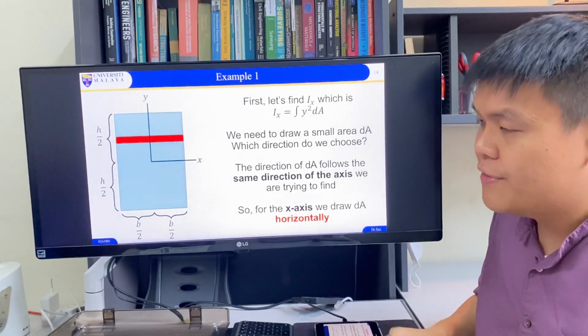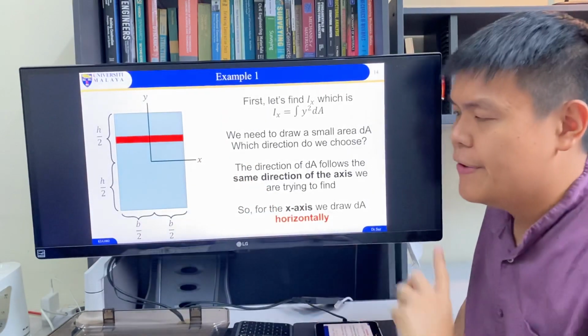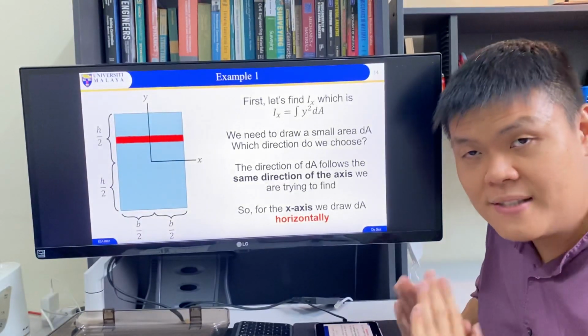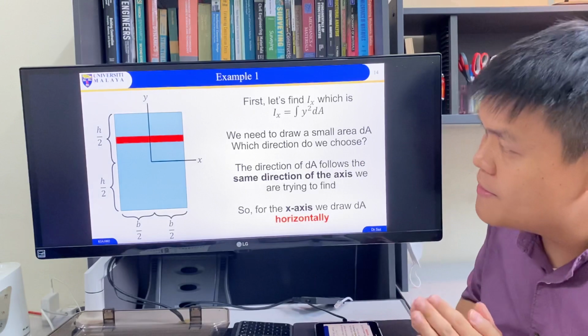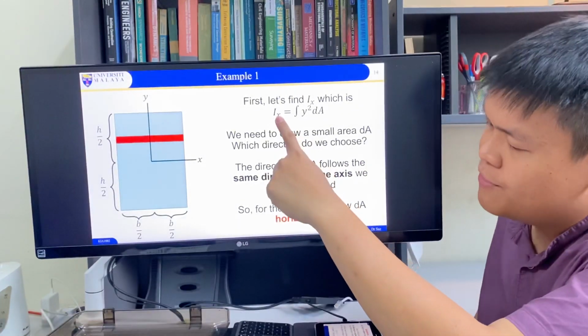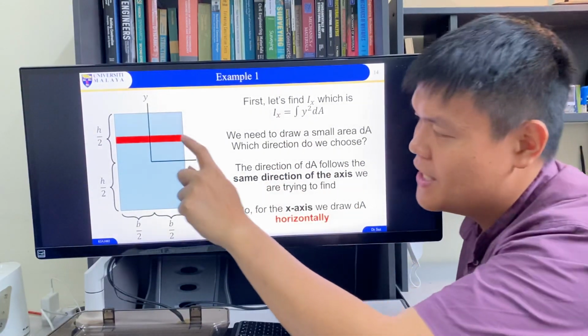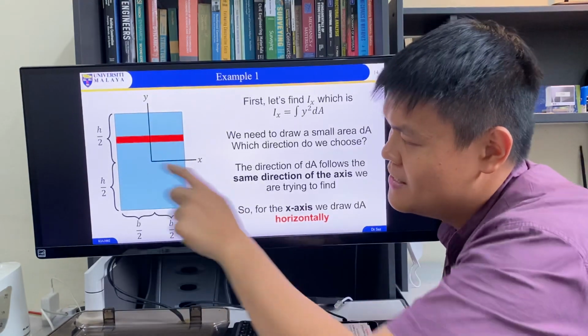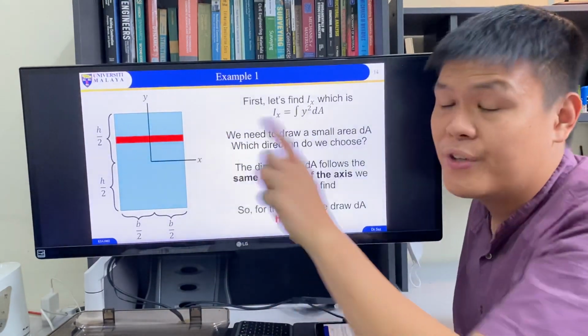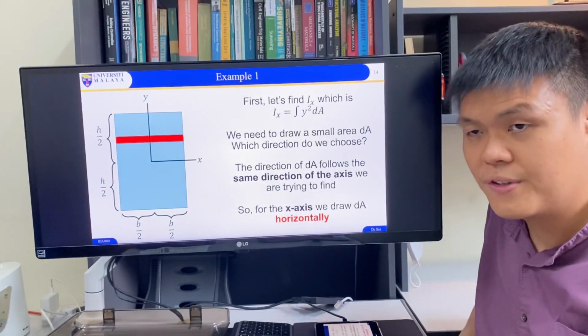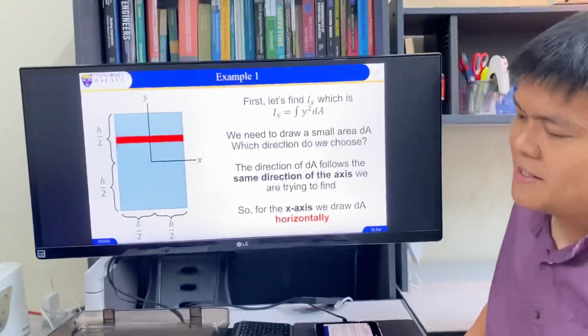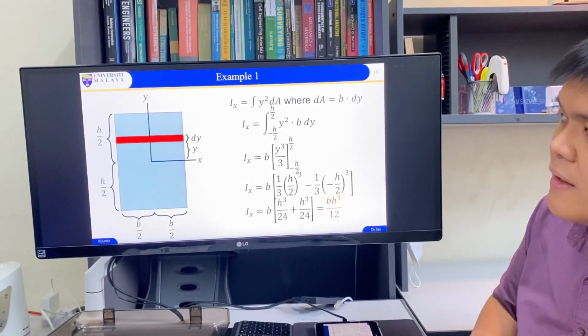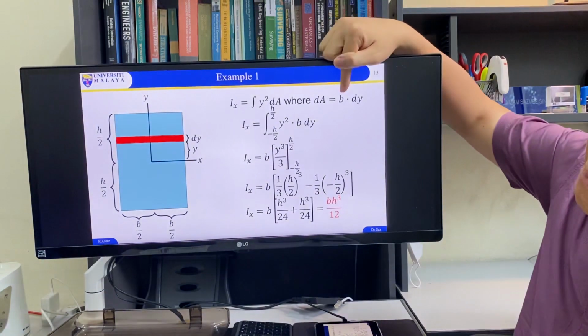The direction of dA follows the same direction as the axis that we are trying to find. So we're trying to find Ix. This is the x-axis, so we need to draw a small dA which is horizontal, same as the x-axis. So dA is equal to b times dy.